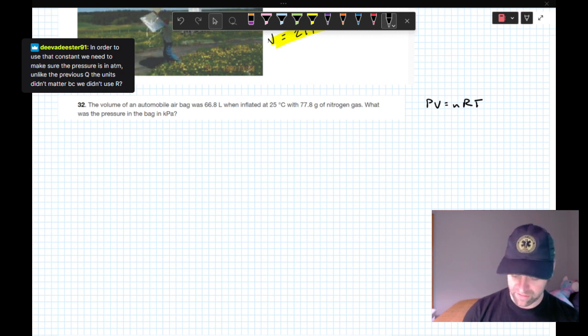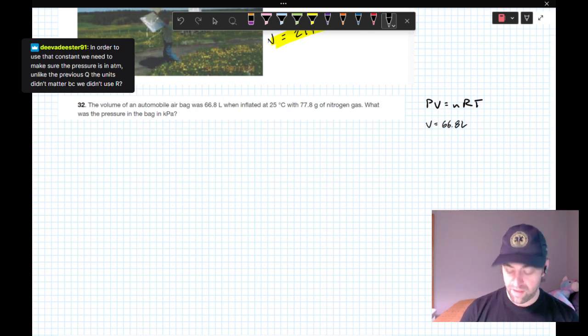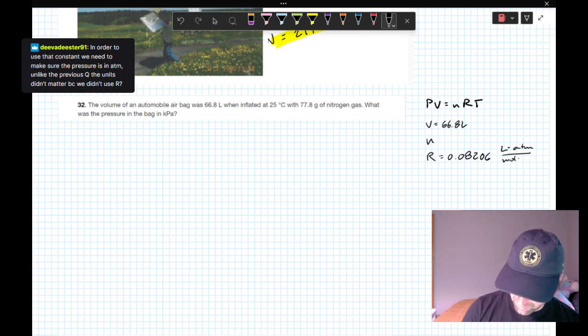So let's first start with what we know we have. We're given a volume. We don't quite have a quantity in moles, but we're given grams, and we know that nitrogen gas is dinitrogen, N2. So we will be able to calculate that. We know R, and remember that's liters times atmosphere per mole Kelvin.